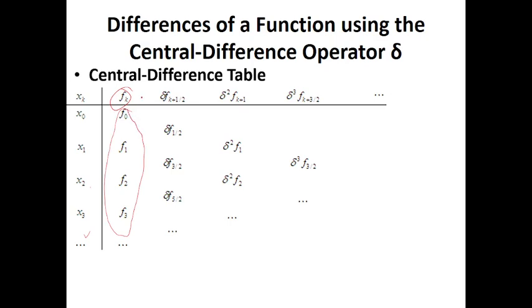Now, in the third column, this is the first differences of a function. In terms of the central difference, we have the first central difference of a function. So this is delta f sub k plus 1/2.